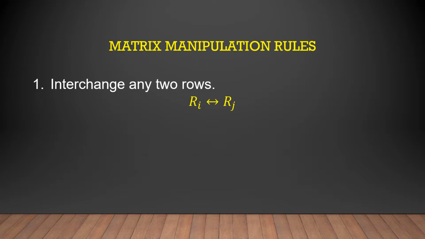And the way I've written that is r sub i interchange with r sub j. So you simply swap the rows. For instance, if you swapped rows 1 and 2, you would do that in the square matrix and also correspondingly in the column matrix.